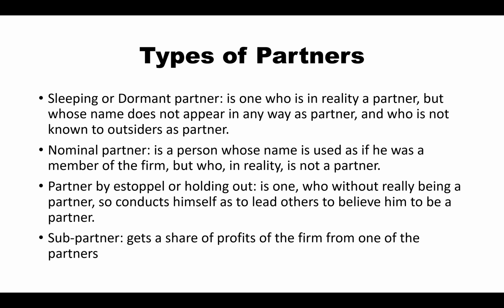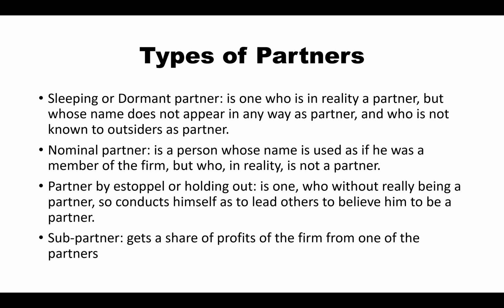Now we also look at the types of partners. So we have various types of partners. The first is what we call the sleeping or dormant partner. He is the one who is in reality a partner, but whose name does not appear in any way as a partner, and who is not known to outsiders as a partner. So this is a sleeping dormant partner.